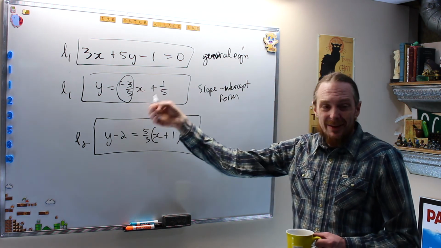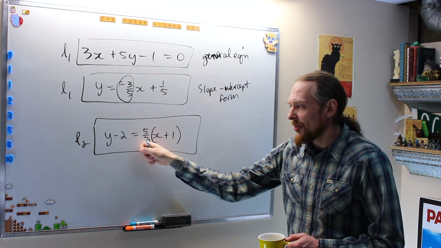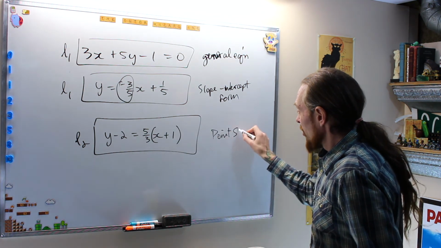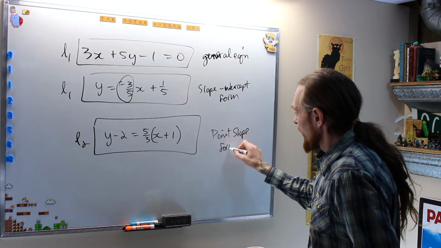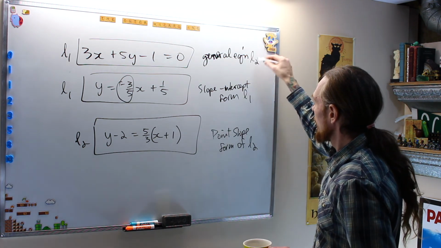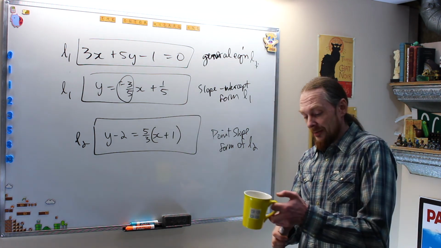And then once I had that, I used a parallel or perpendicular condition to find the slope I wanted. And then once I had a slope and a point, I used the point slope form of L2. This was L1. So these problems use all three avatars, which I like a lot.